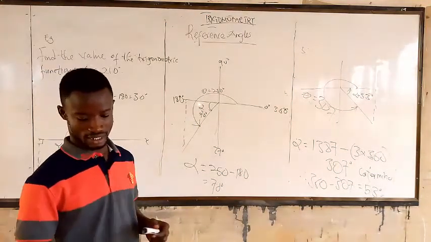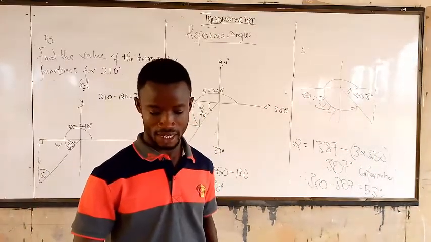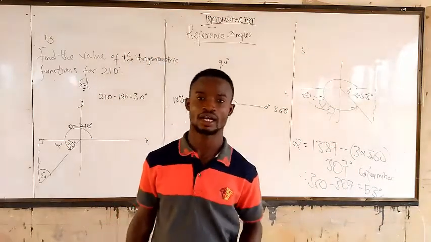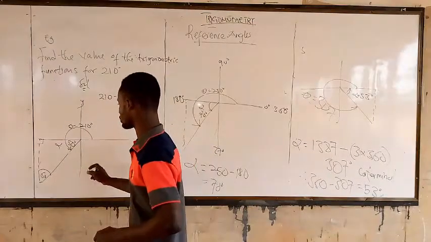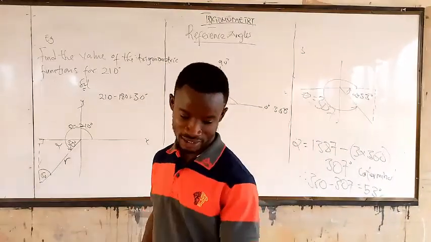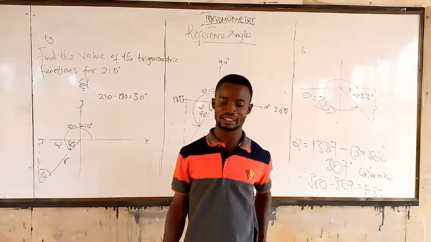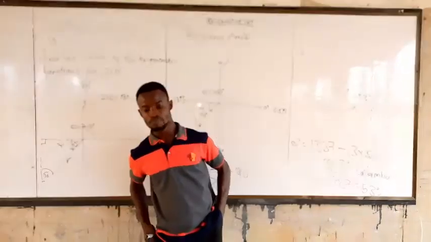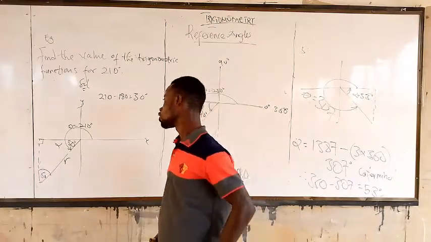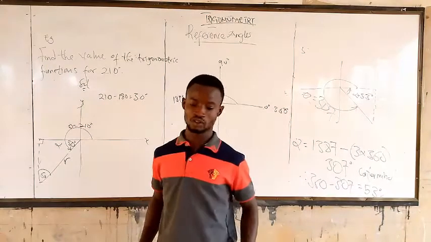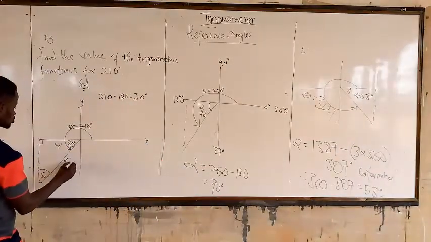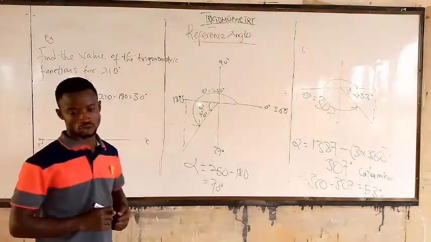And the other side will be the radius. Now, using the idea of the 30-60-90 right triangle, we know that the R will be equal to 2.